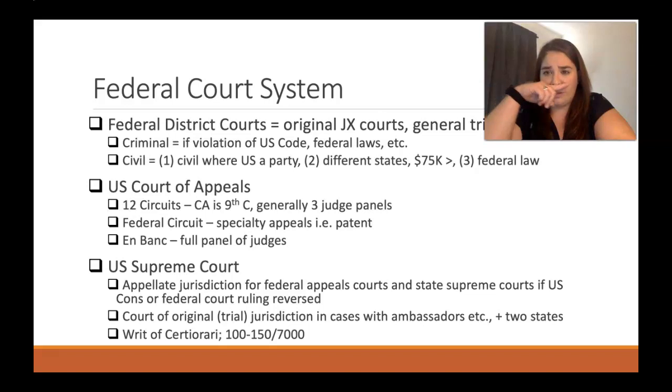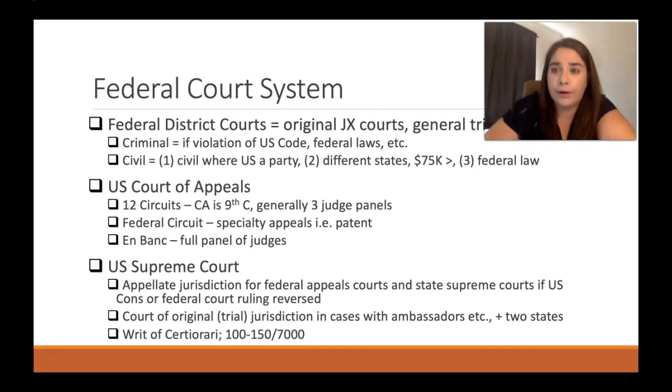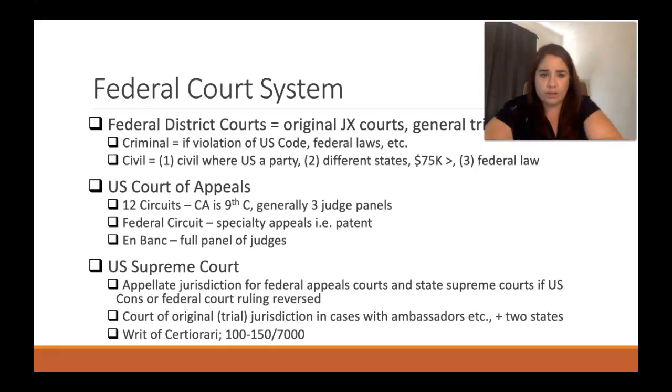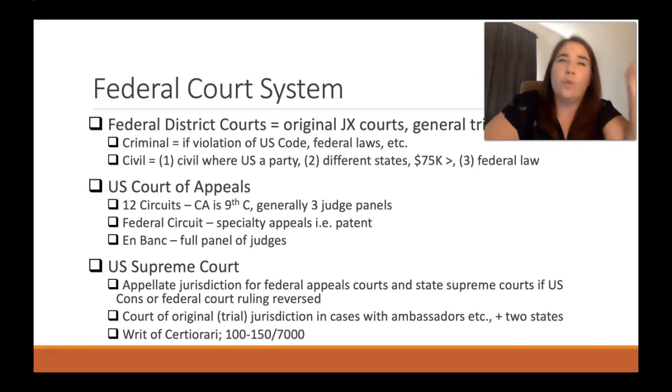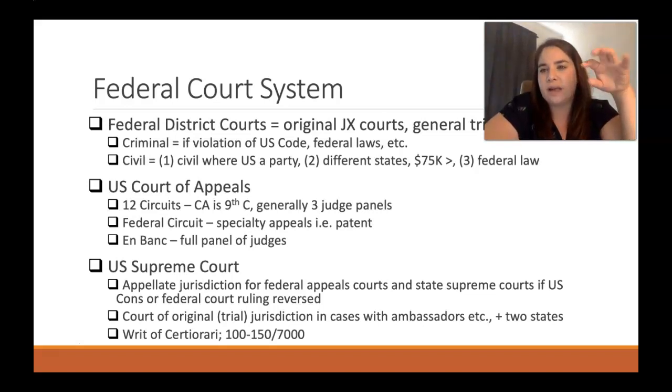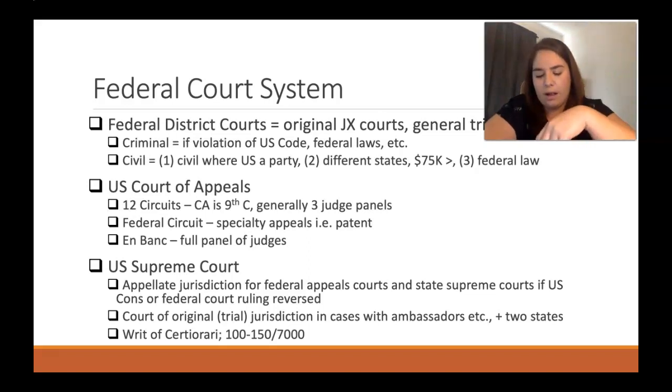And so we don't just have one set of 3 judges. We have the largest number of federal court of appeals judges, who sit on 3 judge panels in different areas. So, for example, we have one in San Francisco, we have one, I think, in Los Angeles, and then all the other states have one or more depending on their populations.